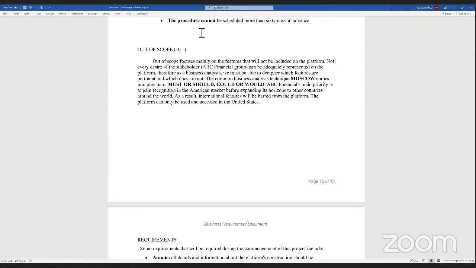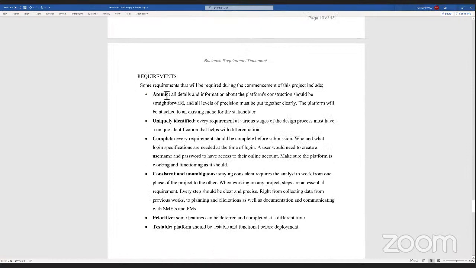So with the requirements, from my understanding, I said requirements that will be required during the commencement of the project should be atomic. Every detail and information about the platform's construction should be straightforward and precise. So if the stakeholder wants a letter B or a letter C at the top right corner, it should be straightforward.